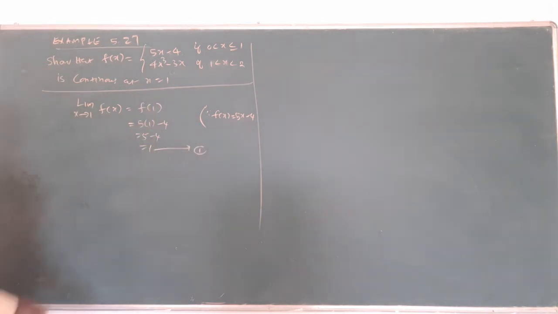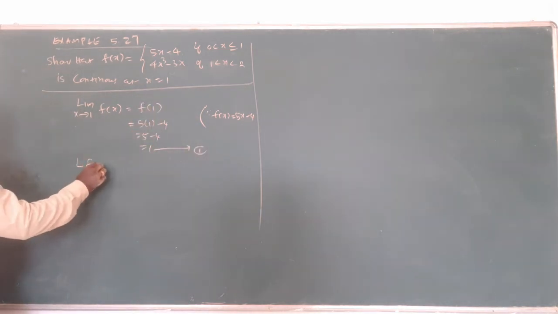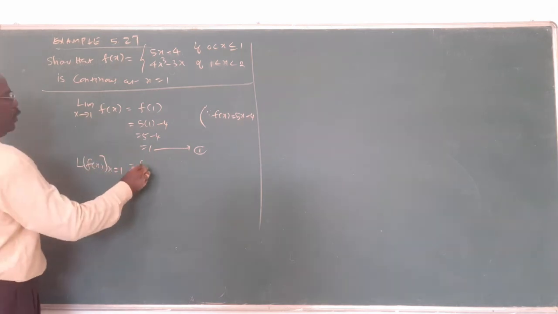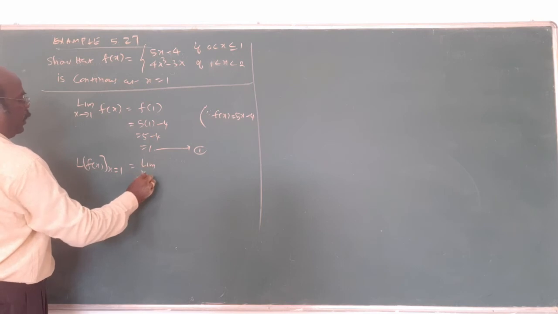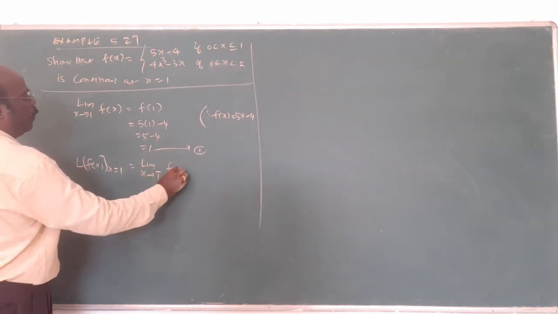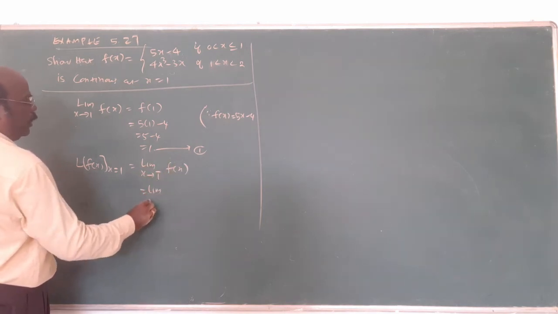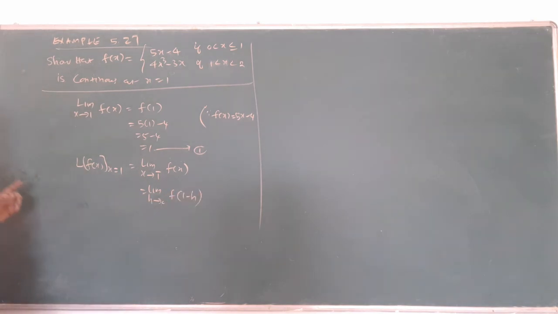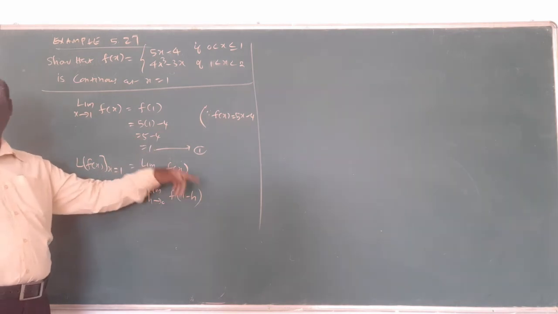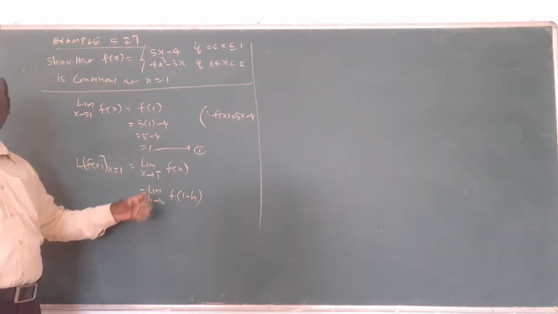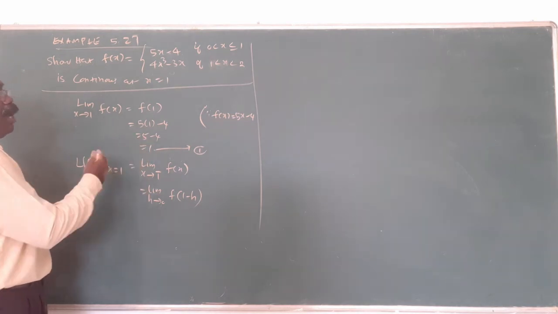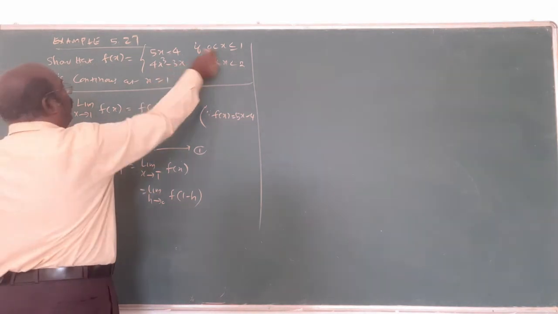Am I right? Now the left limit of f of x at x equal to 1 is equal to the limit as x tends to 1 minus of f of x, which is the limit as h tends to 0 of f of 1 minus h. Previously for 0 we had 0 minus h, only minus h, but here 1 minus means 1 minus h. Below 1 means this f of x.